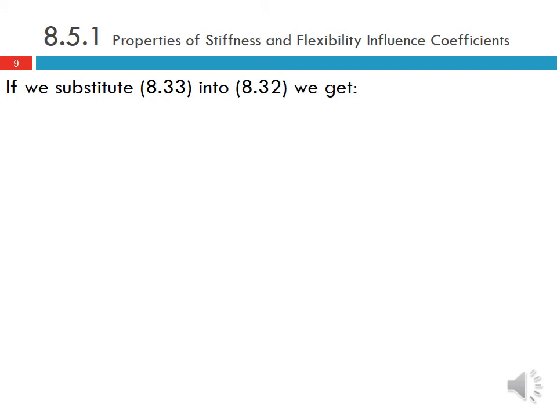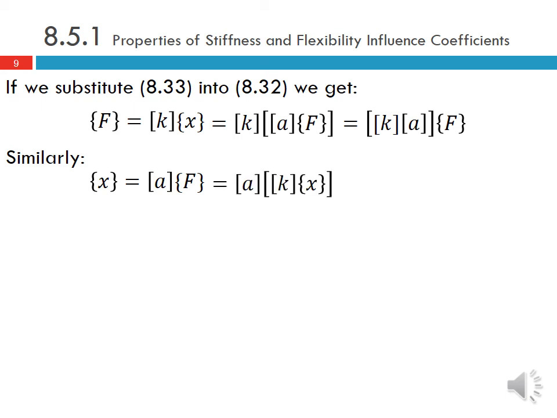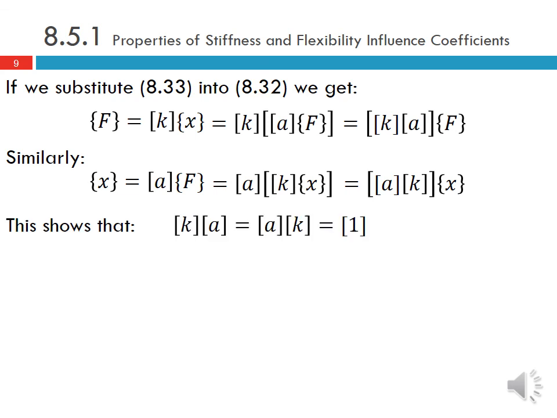Now, if we substitute 8.33 into 8.32, we get F is equal to Kx, which is equal to K times AF, which is equal to KA times F. And starting with the other direction, we have x is equal to AF, which is equal to A times Kx, or AK times x.